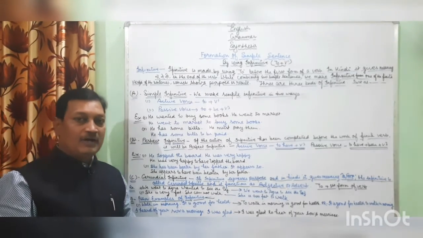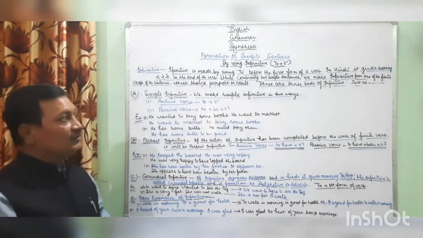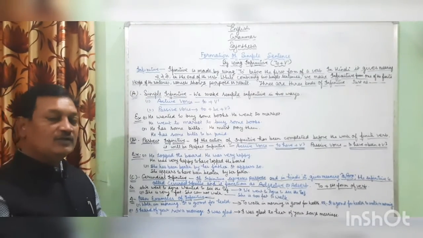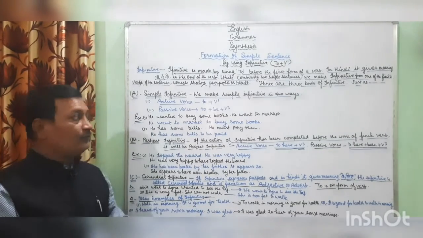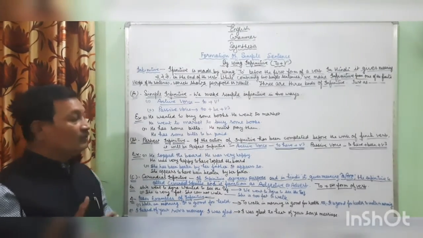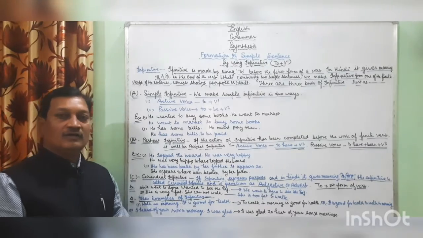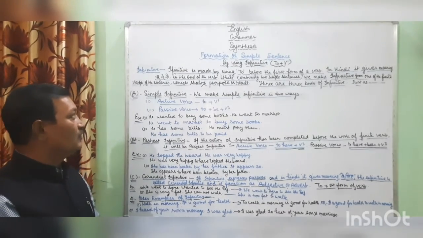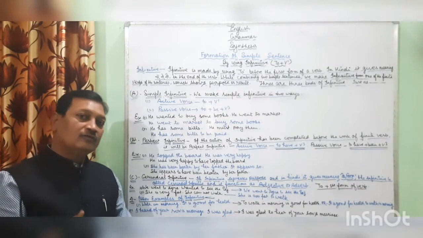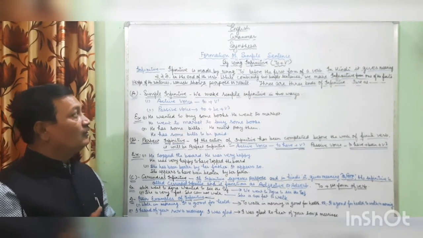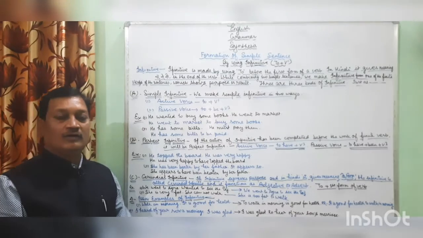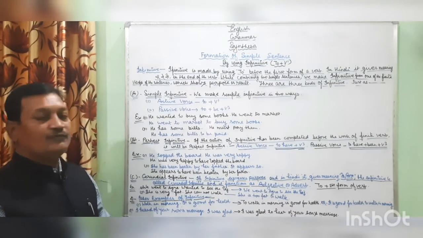While combining two simple sentences, we make infinitive from one of the finite verbs of the sentences given to us to combine. We use that finite verb which shows purpose or result to make infinitive.